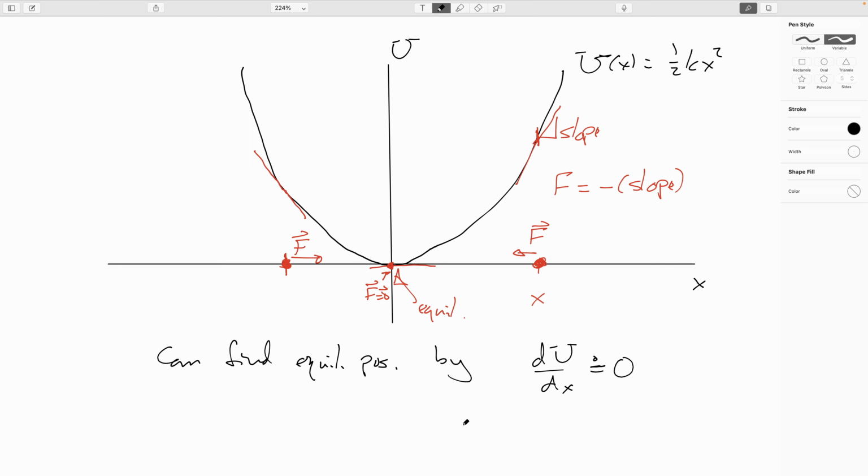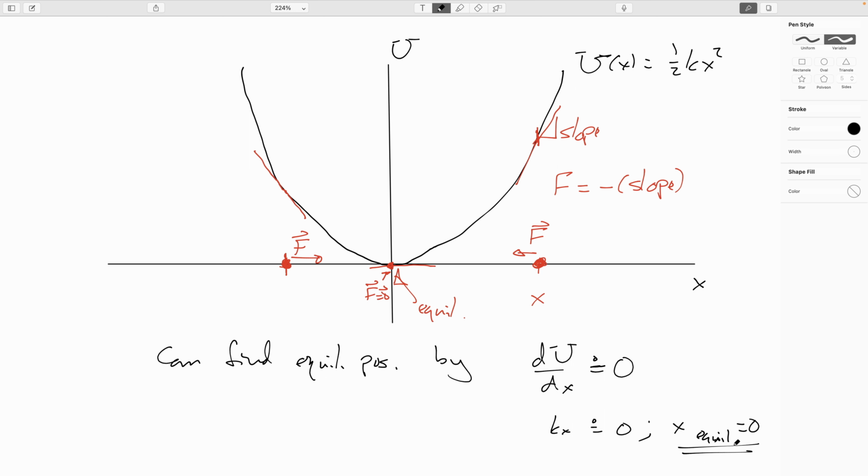So in this example here, I would be getting that kx would be equal to 0. We're saying that equals 0. So we get that the equilibrium position is 0. Which, considering that we had set up our coordinate system around the equilibrium position, is incredibly unsurprising, but we've all got to start somewhere, right?